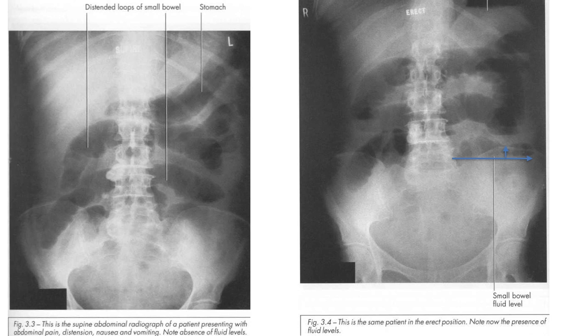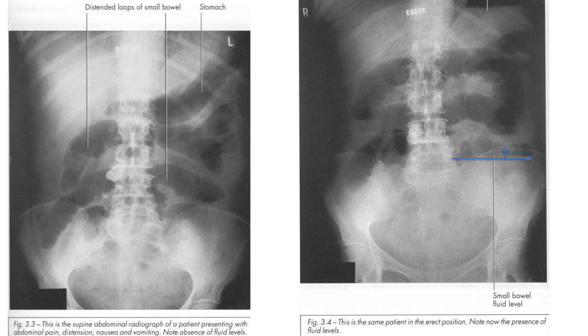Now we'll explain why. In this case, on your left, that is a supine view. The supine view we mainly use to see the position of the bowels. In this case, this is a small bowel obstruction, so the bowels are in the middle of the abdomen, occupying the central part of the abdomen.